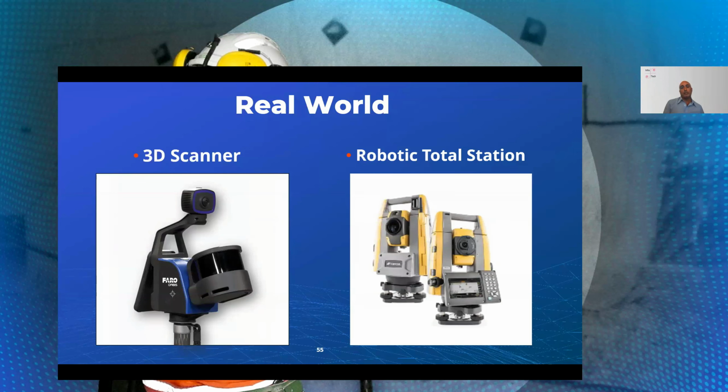On the right side, you see the robotic total station that we're currently using. And of course, you have a whole setup with that. You have to set it up. You have to get your backsight, a lot of other things. But I would like to tell you about the real survey.